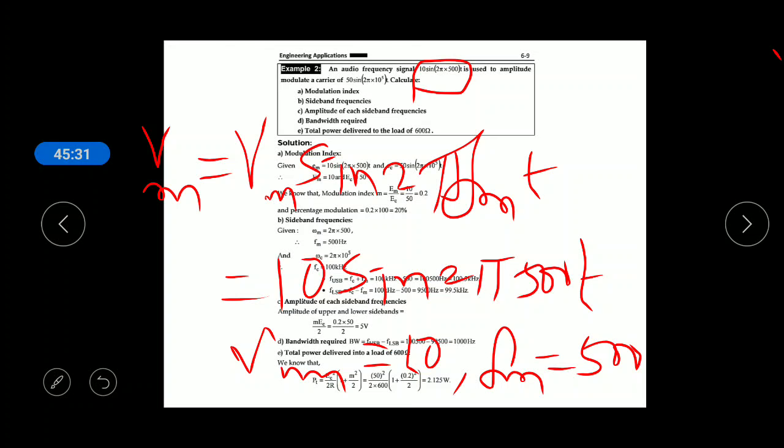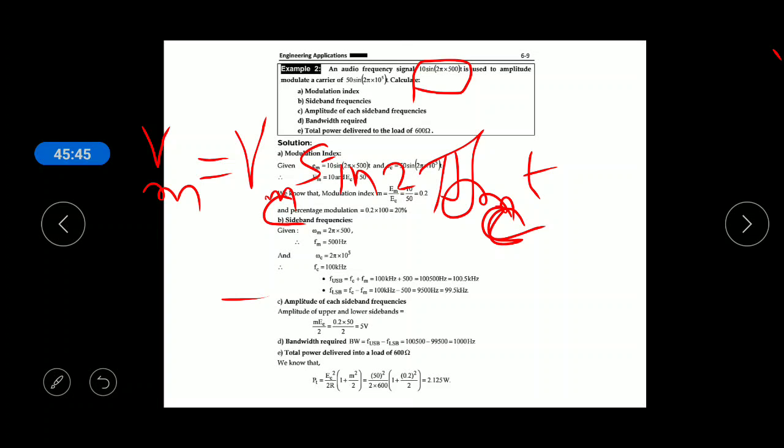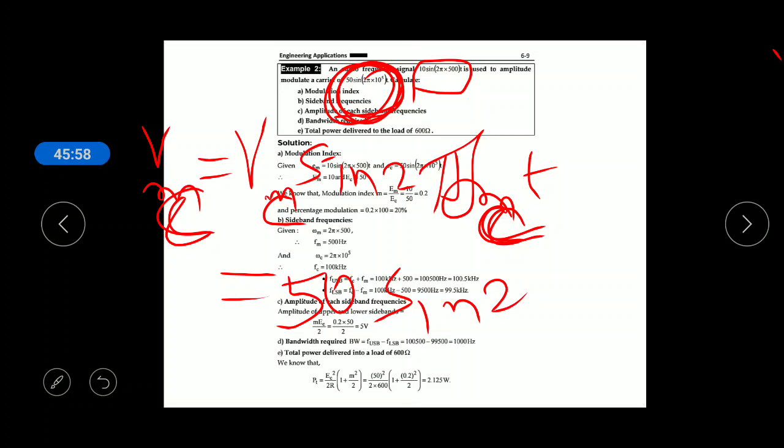Similarly for the carrier, in place of m it is c. When you look at the carrier, this is 50 sine 2 pi into 10 to the power of 5 t.